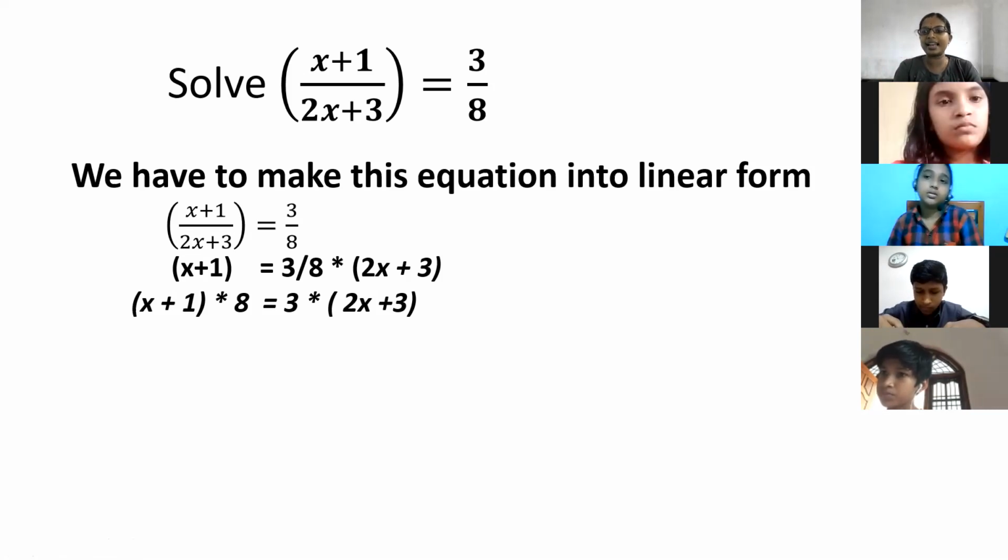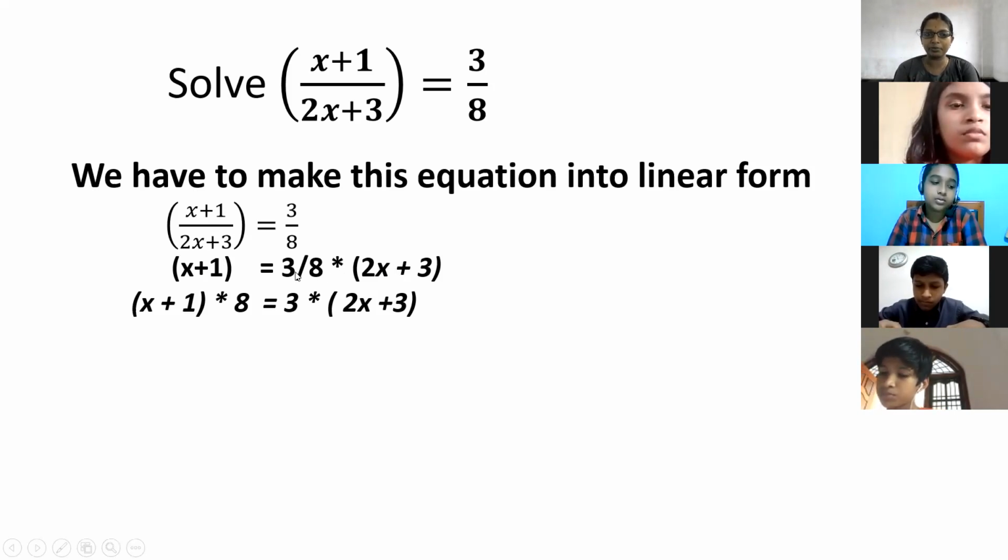Both 2x plus 3 and 8 are dividing in LHS and RHS respectively. And we know that when we move division to the other side, it becomes multiplication. As we know, addition becomes subtraction, subtraction becomes addition, multiplication becomes division, and division becomes multiplication. Like that, here 2x plus 3 is divided and when it moves to RHS, it becomes multiplication. That's why it becomes 3 by 8 into 2x plus 3.